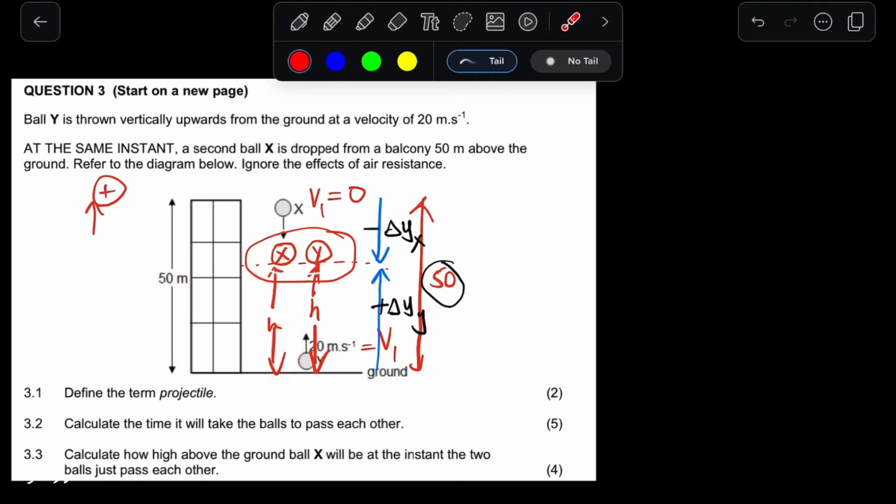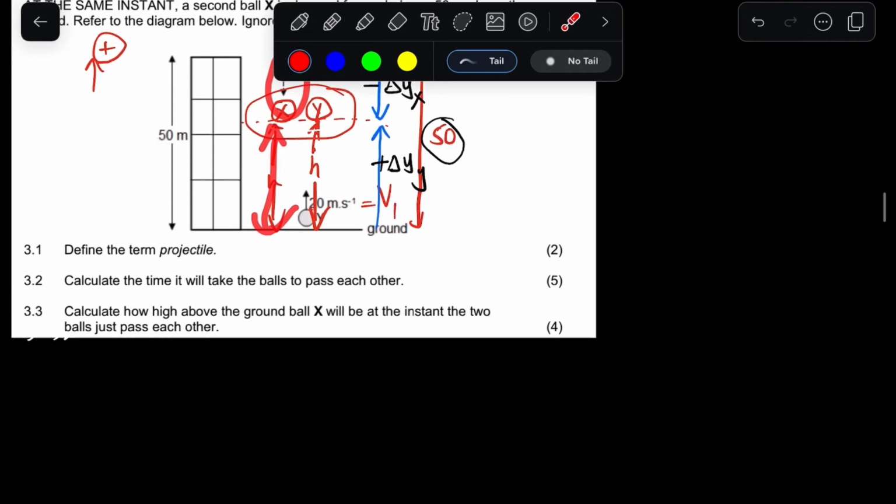So we'll have to calculate that distance it covered from the starting point to where ball x passes ball y, and then we subtract. So we'll say 50 minus this will give us the height there. Let's do it.